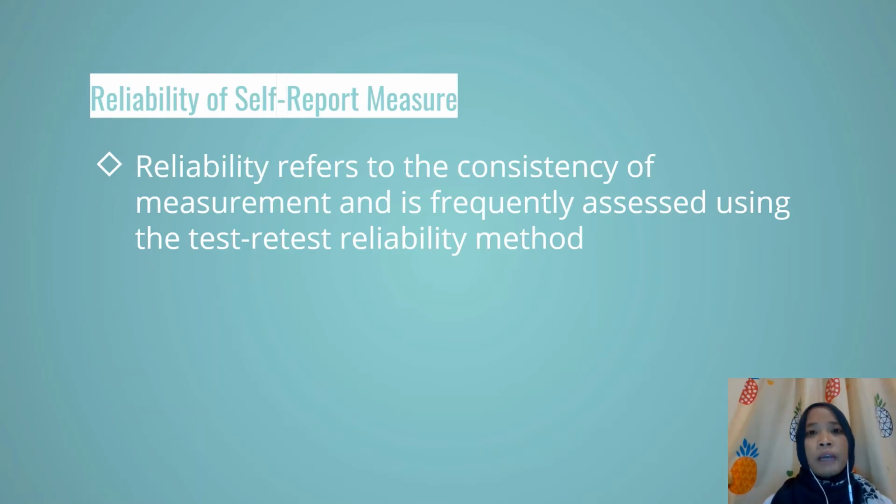For example, if someone using a particular IQ test gets 118 in one situation, then you would want that person to get 118 again, even after 6 months or 1 year, 2 years later, or 3 years later. So consistency of the result of the measure.